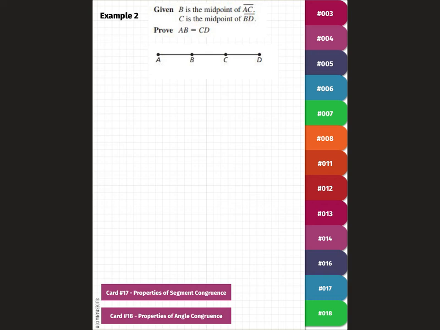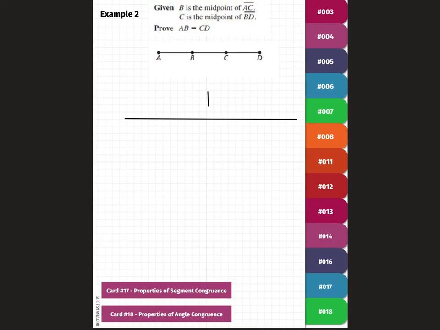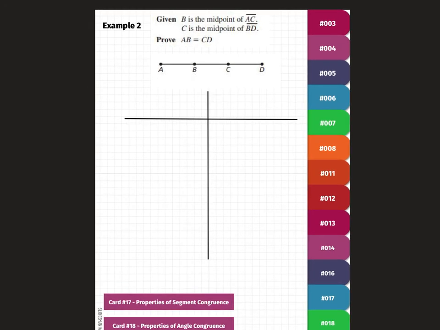So let's try another one. I'm going to set it up. And this one says that given B is the midpoint of AC and C is the midpoint of BD, prove that AB is equal to CD. So let me get my statements together.